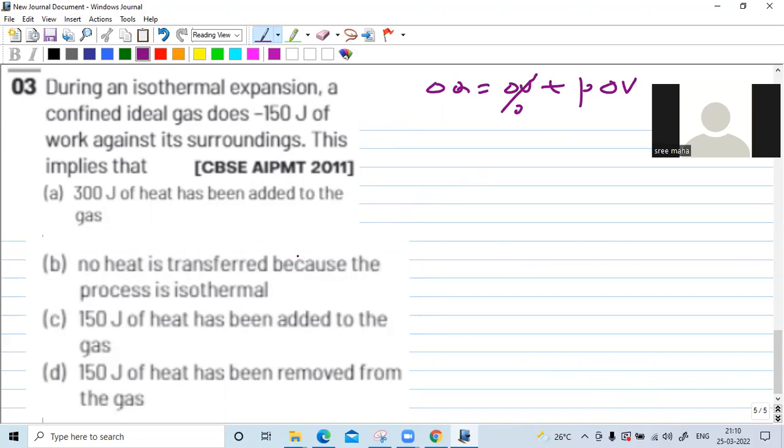Work done is negative, it means... Let me check the option. It is added to the system.